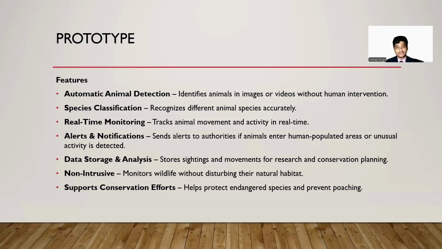Alert and notification, sends alerts to authorities if animals enter a human populated area or unusual activity is detected. Data storage and analysis, stores sightings and movements for research and conservation planning. Non-intrusive, monitors wildlife without disturbing their natural habitat. Supports conservation efforts, helps protect endangered species and prevent poaching.